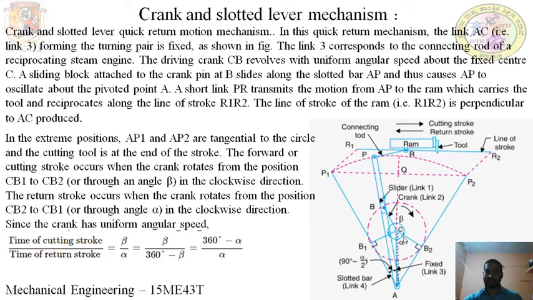The crank is connected through a crank pin to the slotted bar at B. This revolving crank is connected to the slotted bar at B. The sliding block is attached to the crank pin at B. This small rectangular piece is the sliding block, which is connected to the slotted bar at position B. This sliding block slides along the slots provided inside the slotted bar AP.